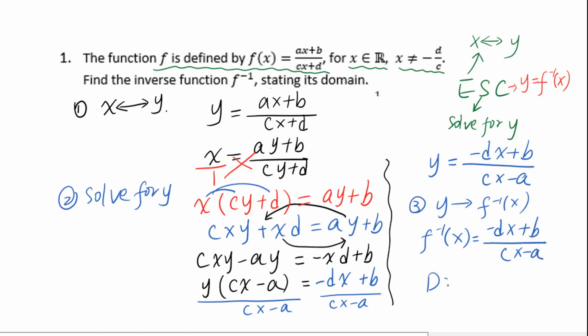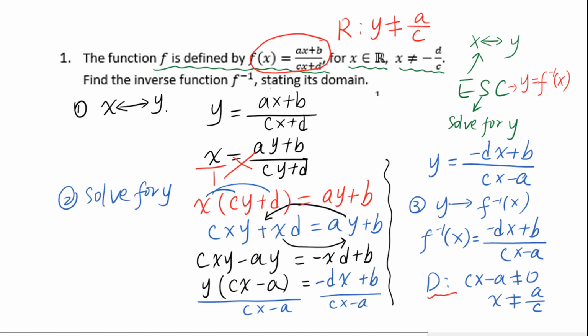So we get the domain. We set up cx minus a not equal to 0, then x not equal to a over c. If we know for f of x equals (ax plus b) over (cx plus d) the range is y not equal to a over c, then you don't have to do this.